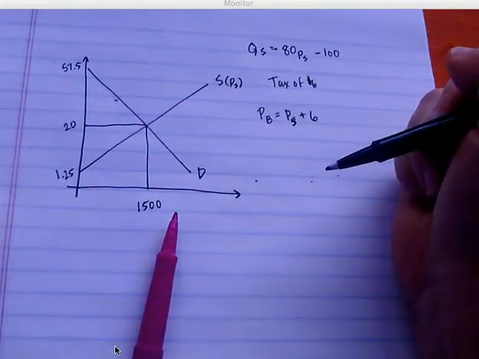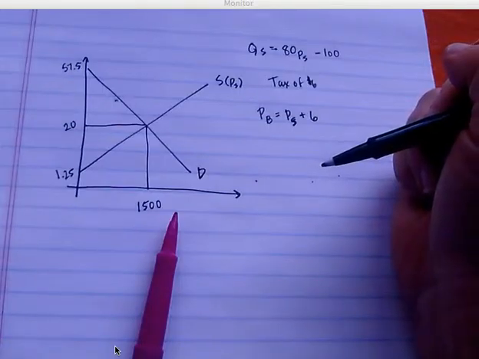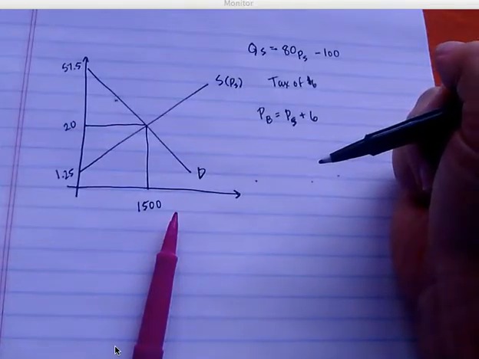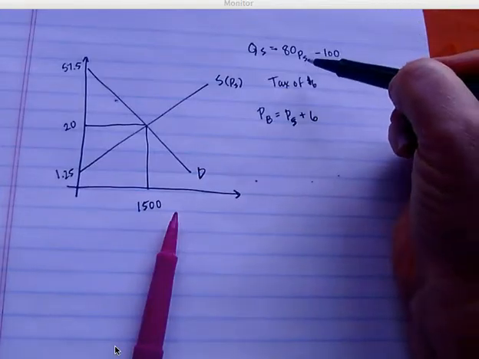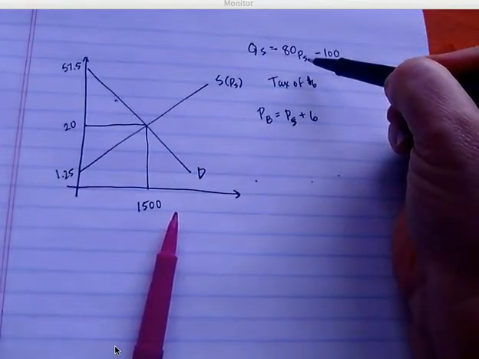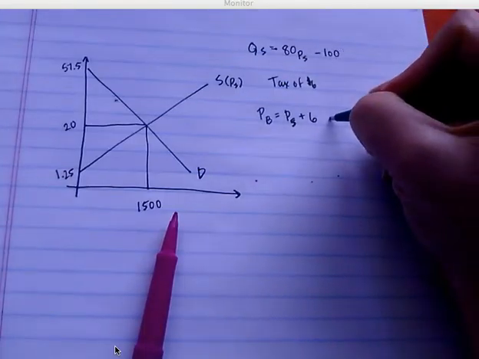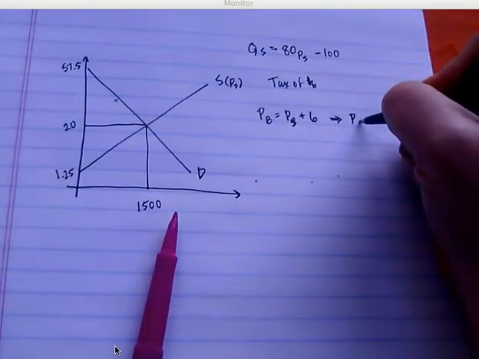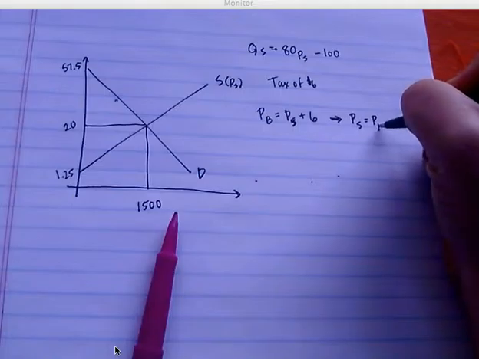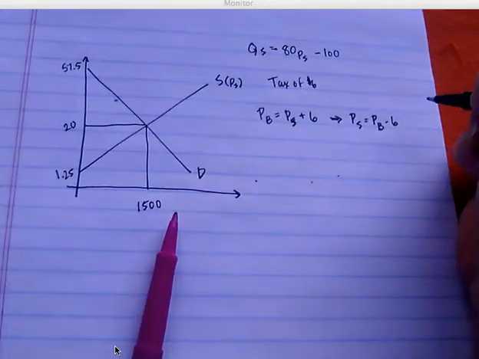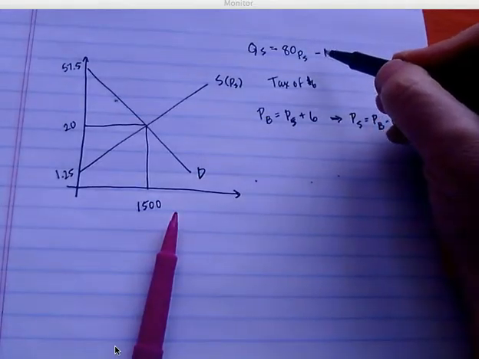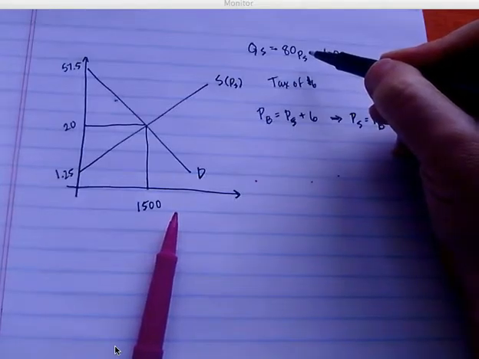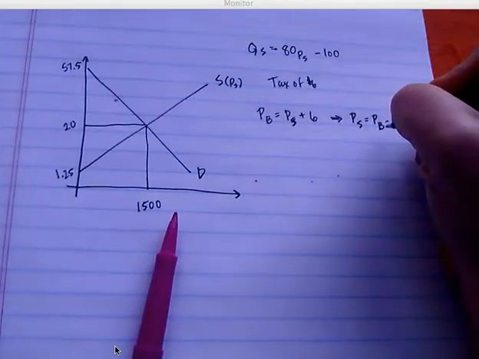The other thing we can think about, though, is what does the supply look like based on the price that the buyer pays, right? And so the seller's price is equal to the price the buyer pays minus $6. So I can rewrite this supply curve and make it in terms of the price that the buyer pays, right?